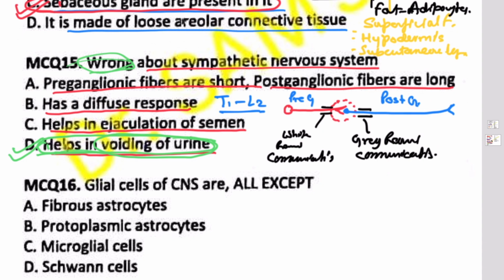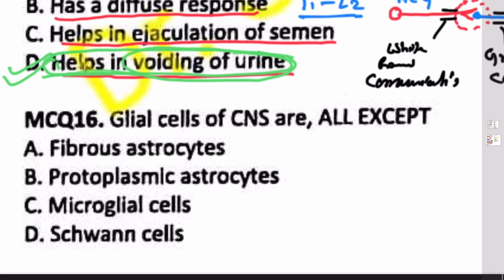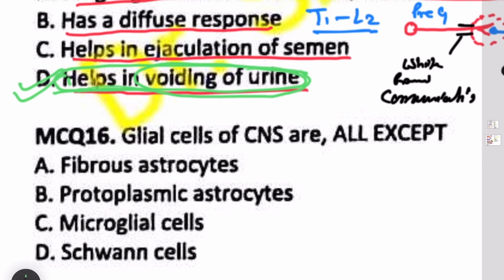Question number 16: glial cells of CNS are all except. So glial cells are the non-conducting cells of the nervous system, supposed to be the connective tissue of the nervous system. The connective tissue cells in CNS are fibrous astrocytes, protoplasmic astrocytes, microglial cells, plus oligodendrocytes.